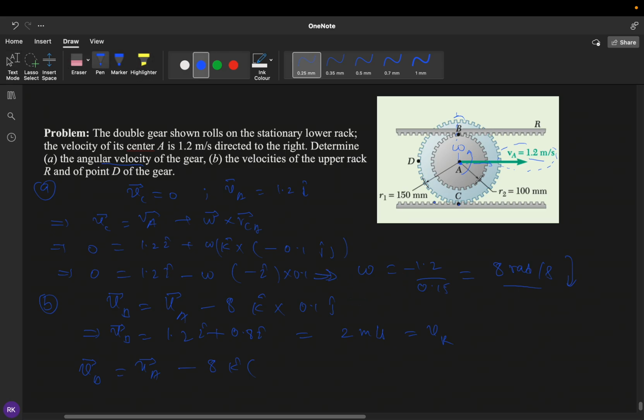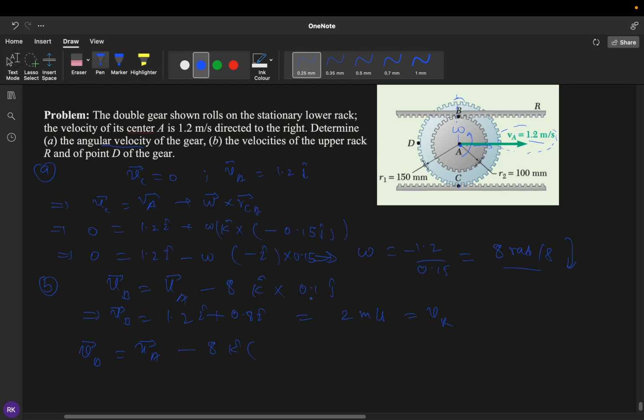RC is the same, so we are getting the same answer, because I have already solved it. But here it must be 0.1 because it is asking for the velocity of point B, so we have to write 0.1, because this distance is 100 mm.